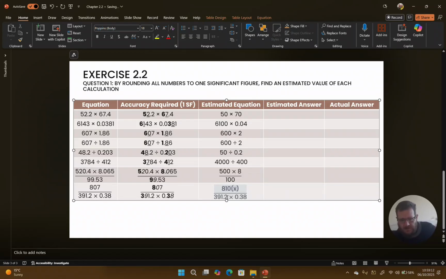That's more like it. I want consistency. We'll round that down. And then that stays the same.